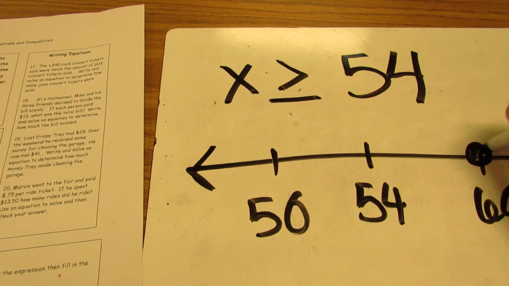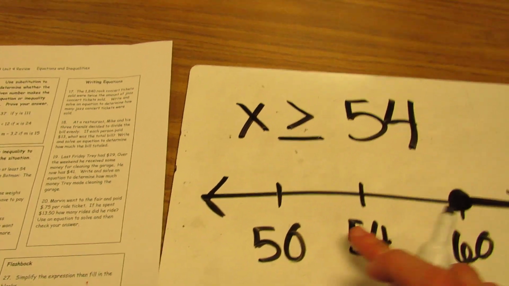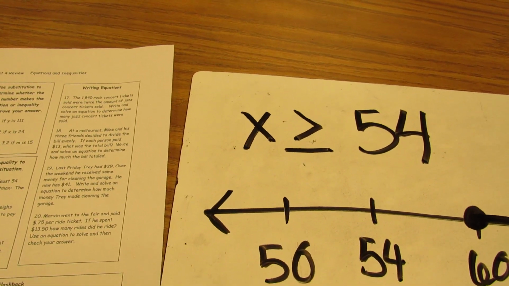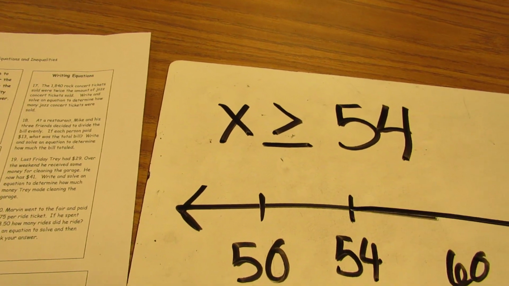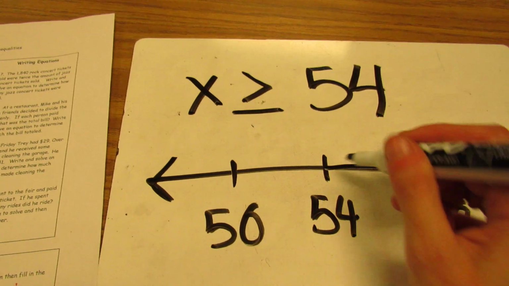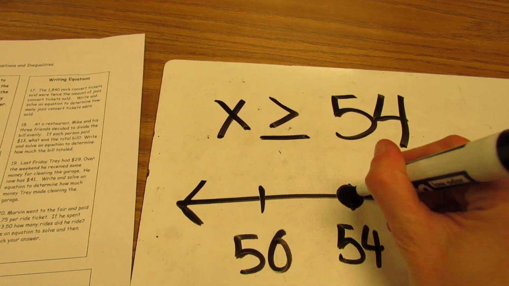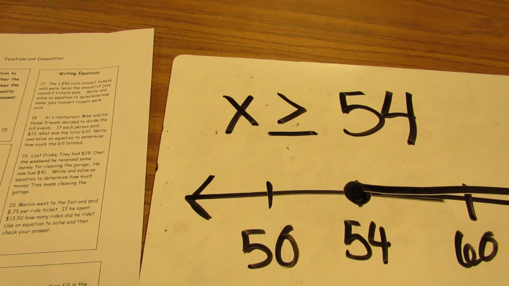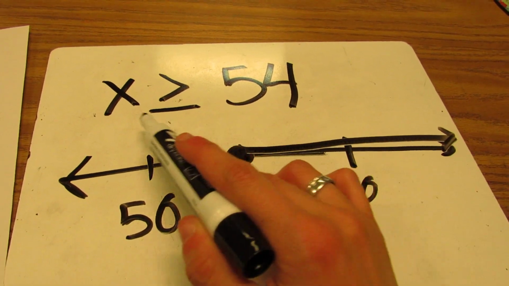And the way I would graph that is closed circle, and it's every number that's greater than 50. Oops, sorry. I just told you the wrong thing. Forgive me. This is 60. What I meant to say is my closed circle would go at 54, which means it's all the numbers greater than 54, and that includes 60. Everybody can see that 60 would work.